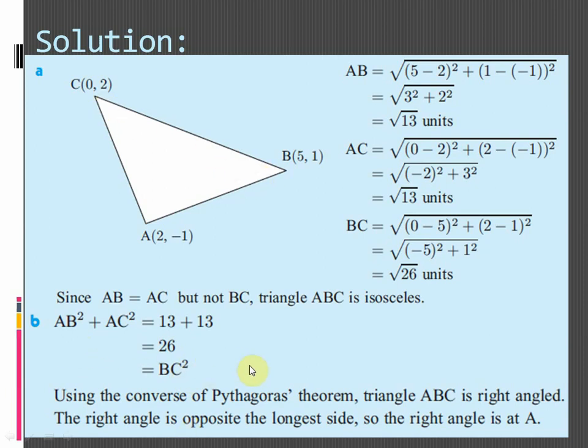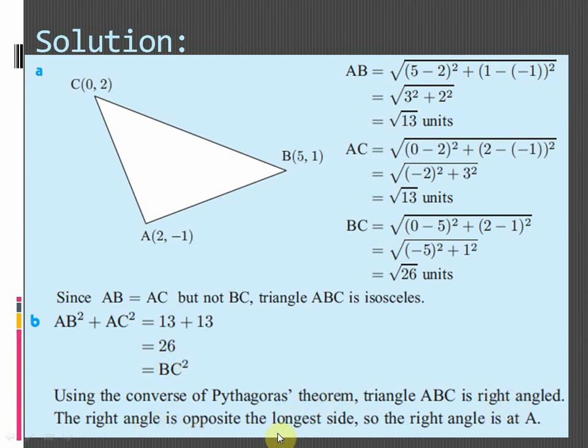This is basically the converse of the Pythagoras theorem. When you apply the Pythagoras theorem to check which side is the biggest, you check one by one whether h squared equals p squared plus b squared. Clearly, you can see that when we add both sides we get 26. So using the converse theorem, ABC is a right angle triangle.